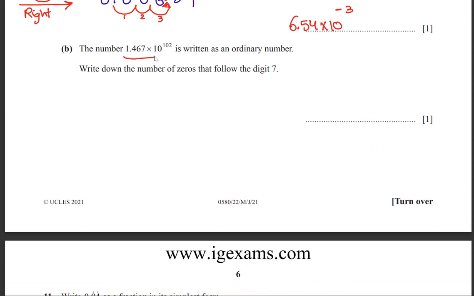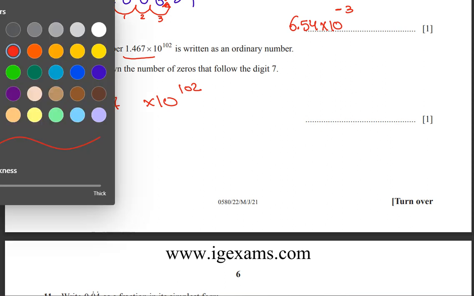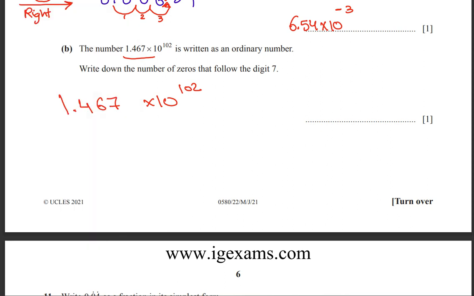This number is written as an ordinary number. Ordinary number means no point. So the point will keep moving to the right like this: 1 digit, 2 digits, 3 digits, or first jump, second jump, third jump.